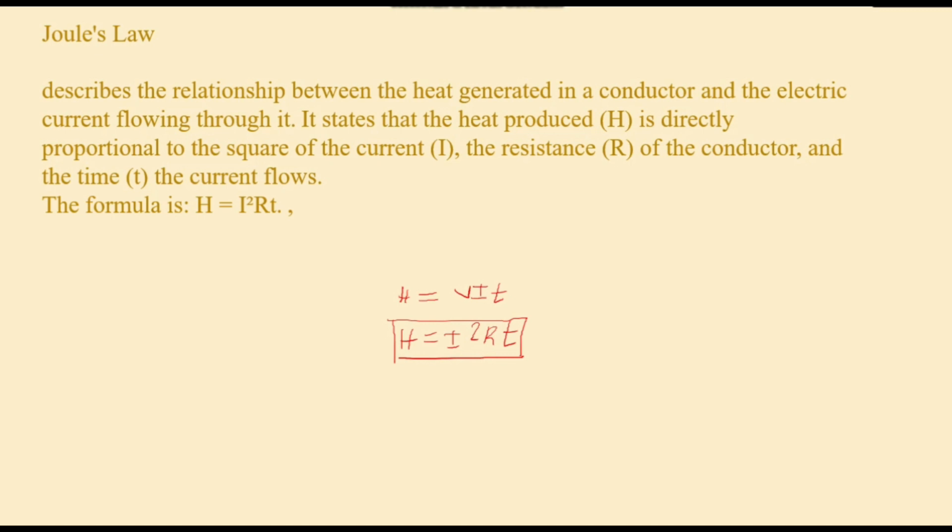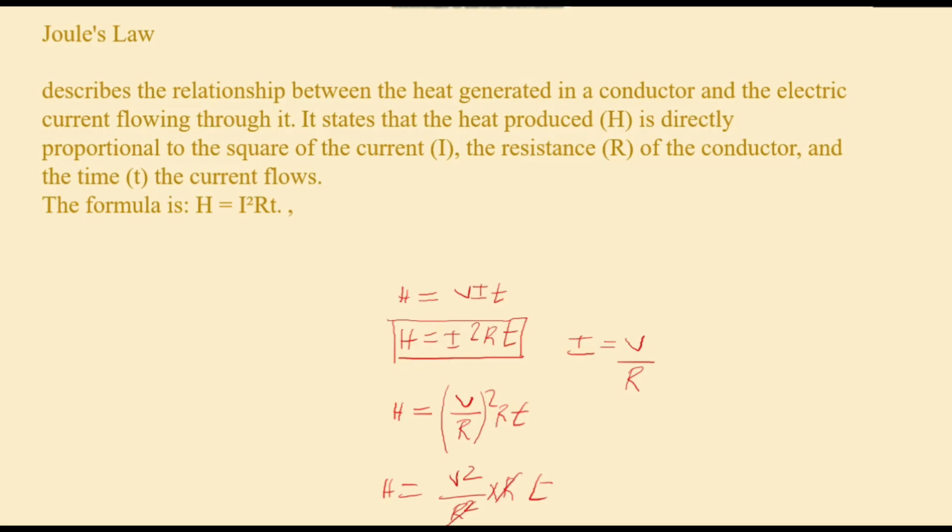And we put the I value, I is equal to V by R, in the equation: H is equal to (V by R) whole square into RT, that means H is equal to V square by R square into RT.